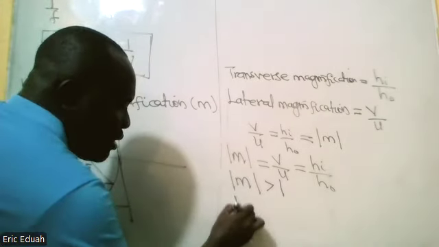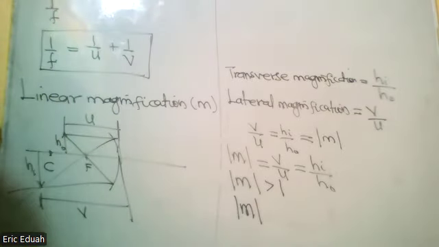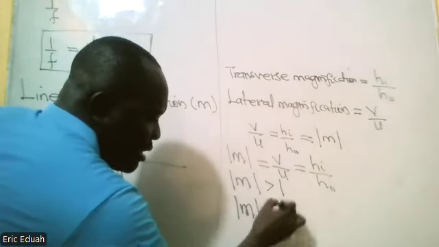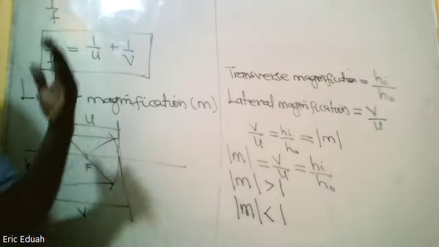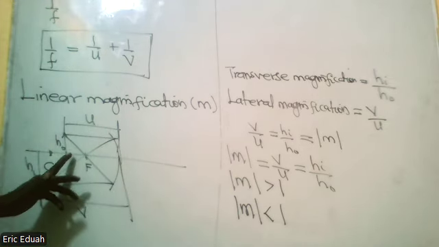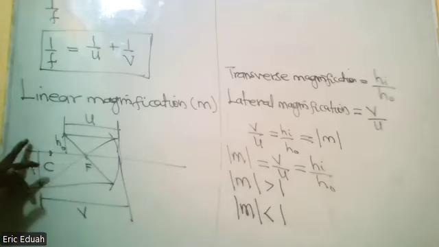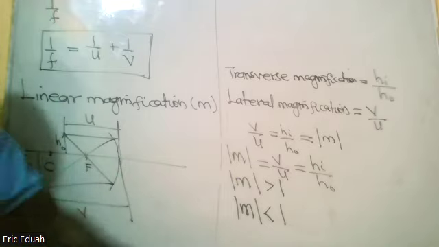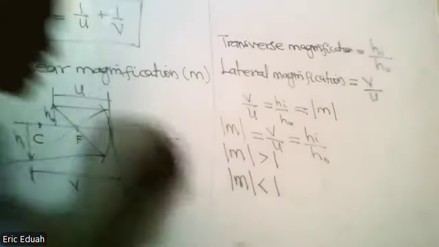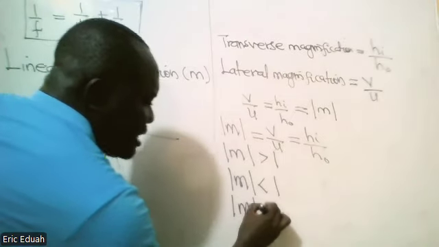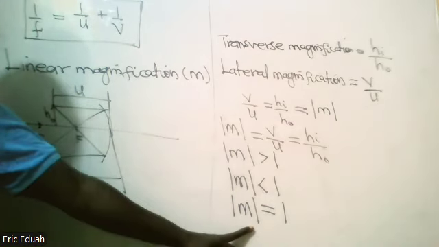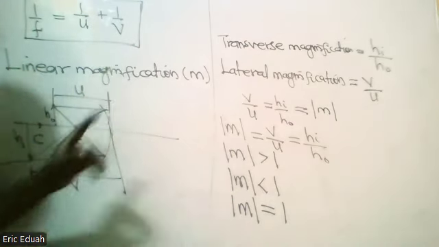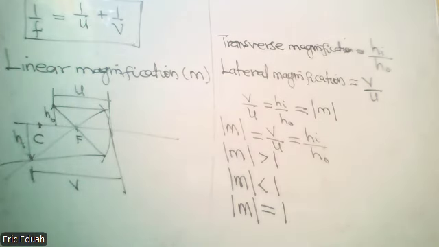If the absolute value of the linear magnification is less than 1, any value less than 1, it means the image is diminished, such as when the object is beyond C, it gives a diminished image. And when the linear magnification M is equal to 1, it means the image size is equal to the object size, such as when the object is placed at C.